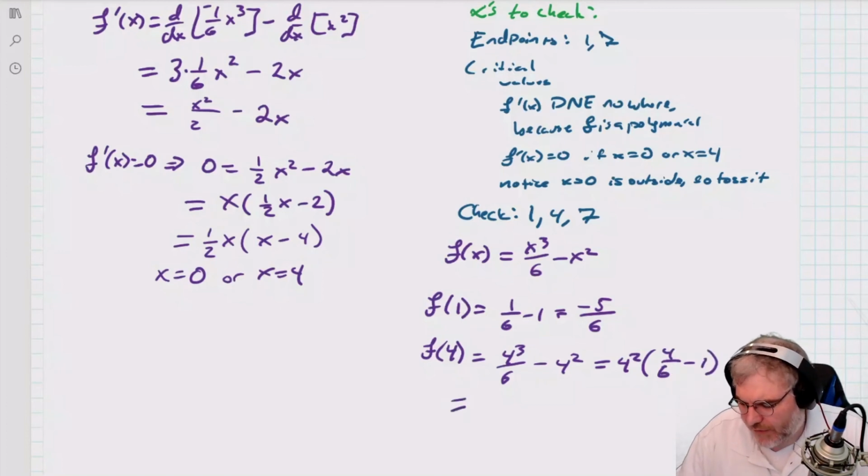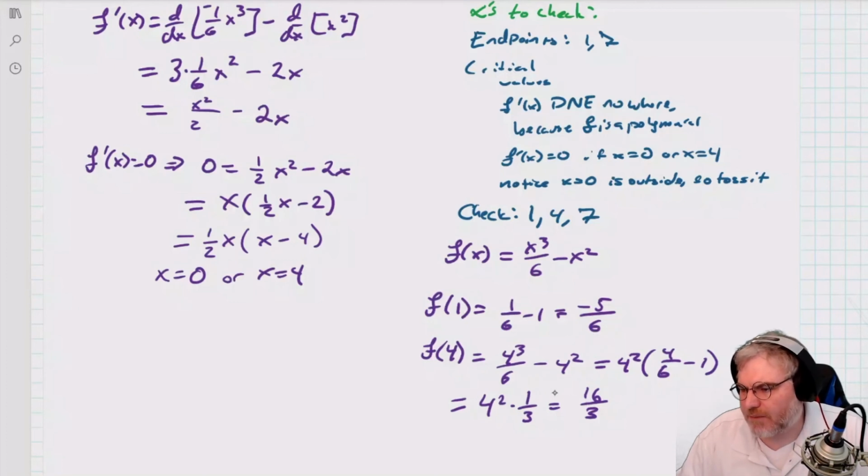At this point, if I was on a test, I would have thrown this in my calculator by now, right? So this is really 2/3 minus 1, so that's going to be 1/3. I wind up with 4 squared times 1 over 3, which equals 16 over 3. And I want to compare this here to this maybe. So bear in mind that I might want to do a decimal expansion of this anyway, because what I want is the one that's biggest and the one that's smallest.